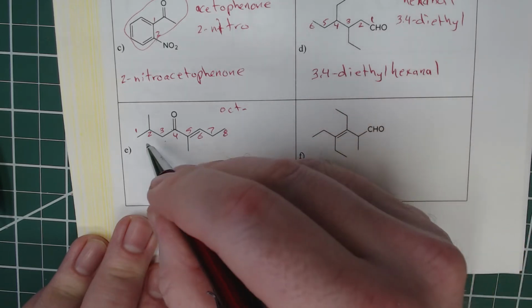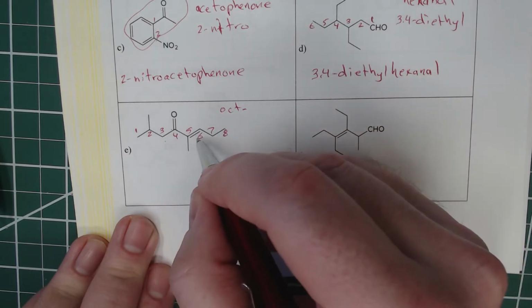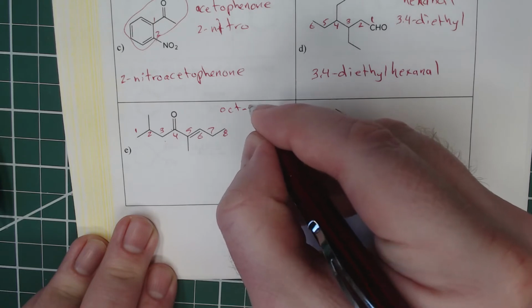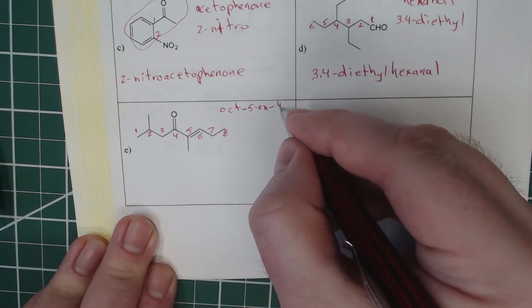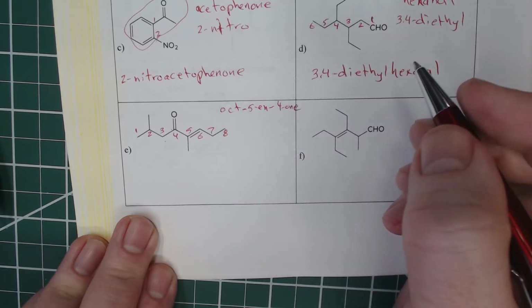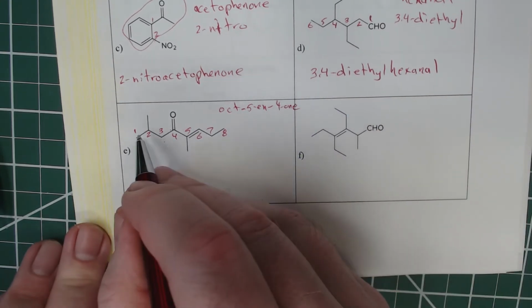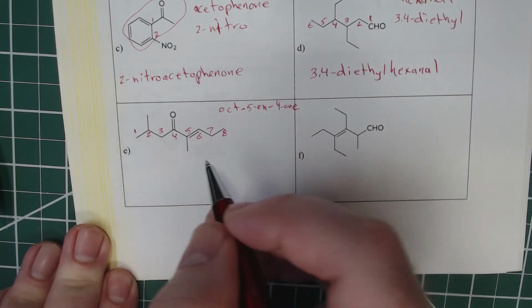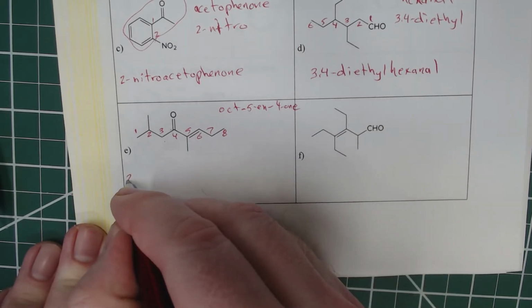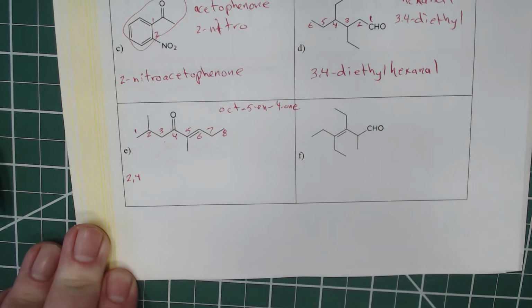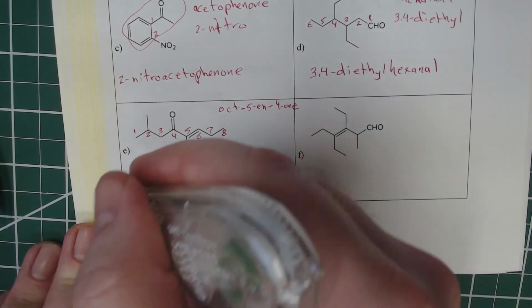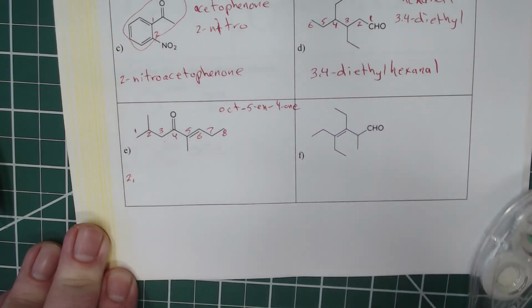and then so 1, 2, 3, 4, 5. It's in the 5 position, so 5-ene and 4-one. And then we've got 2 methyls, one at the 2 position and one at the 5 position. So we'll refer to that as 2, 5. And I said the word 5, and then I wrote down the number 4. Let's fix that.